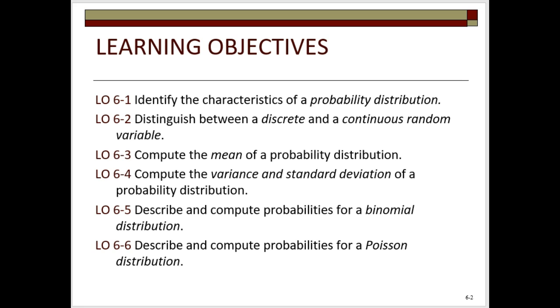We'll learn the distinction between discrete and continuous probability distributions. For a discrete probability distribution, we'll learn how to calculate the mean, variance, and standard deviation. We're also going to describe the characteristics of and compute probabilities using the binomial and the Poisson probability distributions.